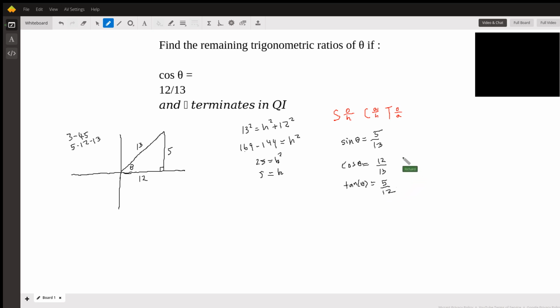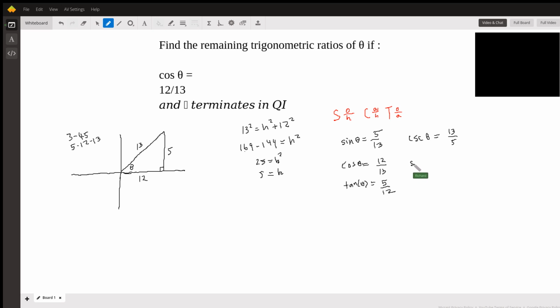Now you may or may not have learned the reciprocals, but we're going to do those now. So the cosecant, if you haven't learned this yet, it's okay. Just ignore it for now. The cosecant of theta, that's just the reciprocal of the sine, so we're just going to flip that.